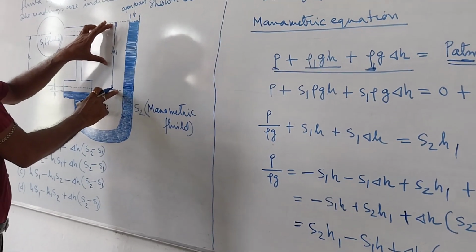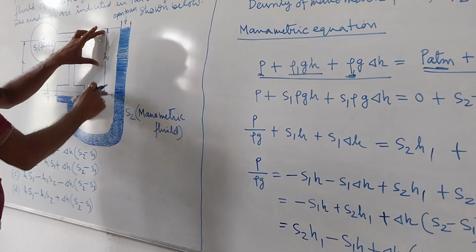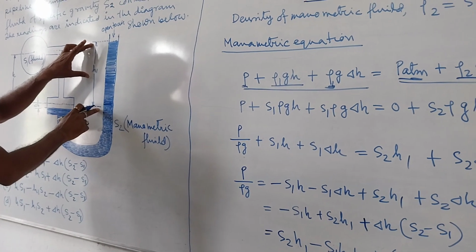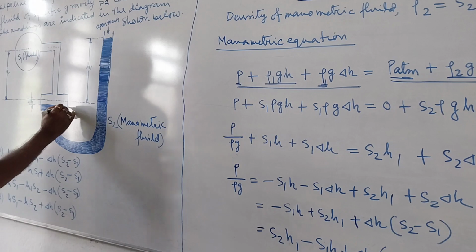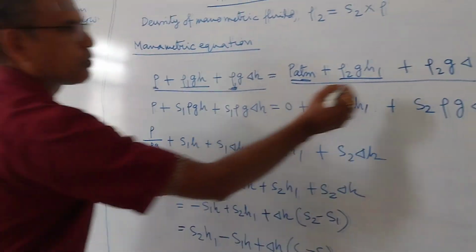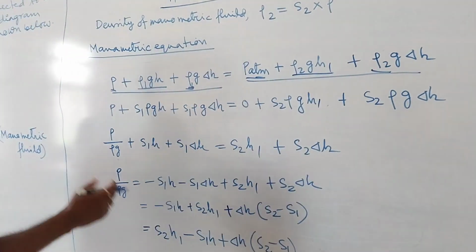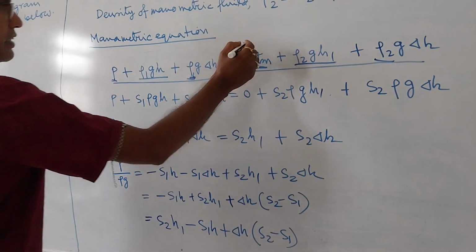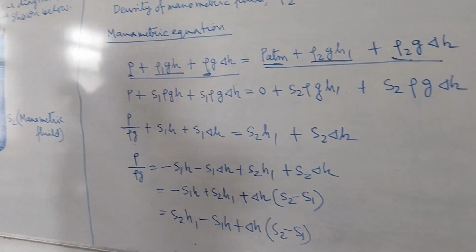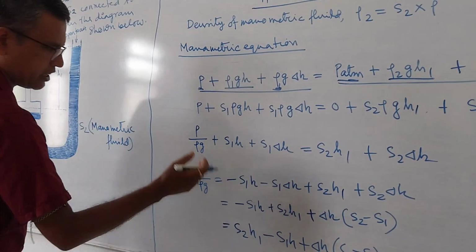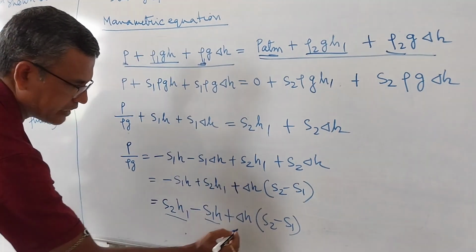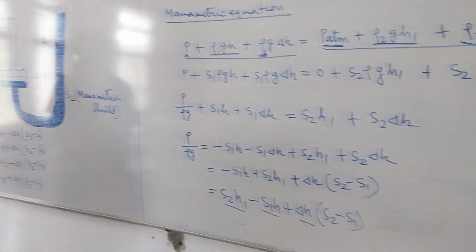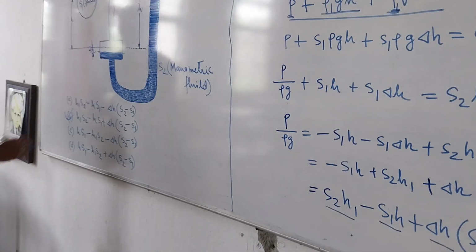Again plus, since we are going downwards the pressure is increasing, so the plus sign is there. Again for this column, that means for delta H, it will be ρ2 g delta H. So left hand side equals right hand side, and atmospheric pressure is taken as 0 since it is open to the atmosphere. Ultimately, solving this problem, the expression comes as S2 h1 minus S1 (H plus delta H). So the correct expression will be B.